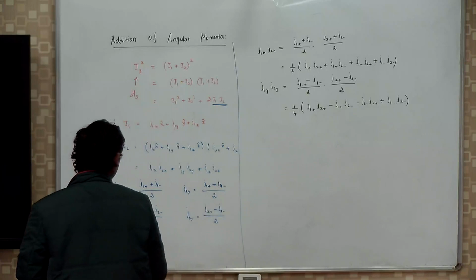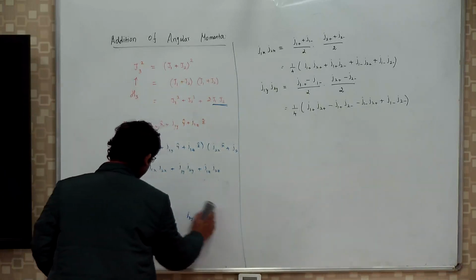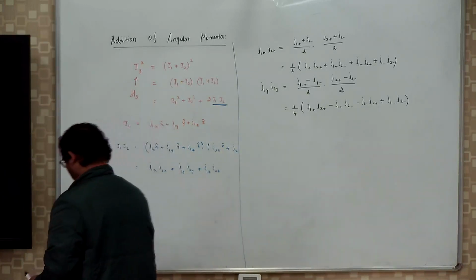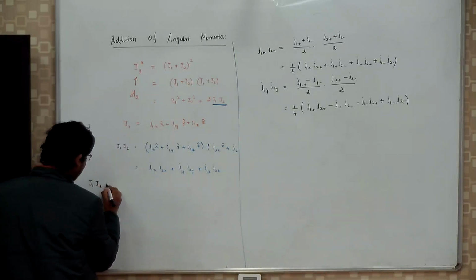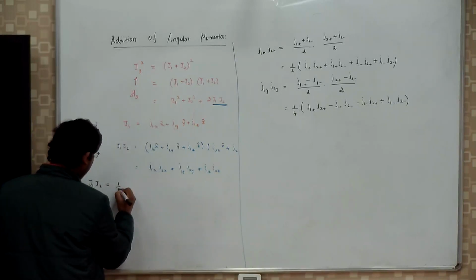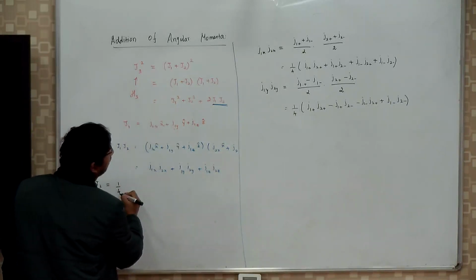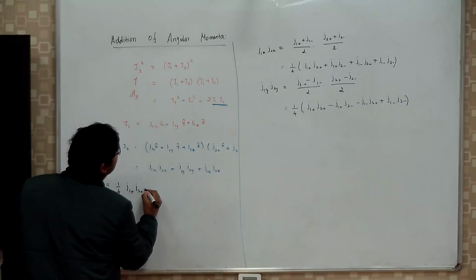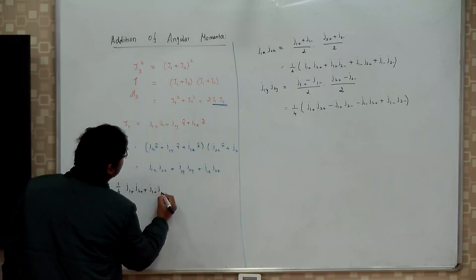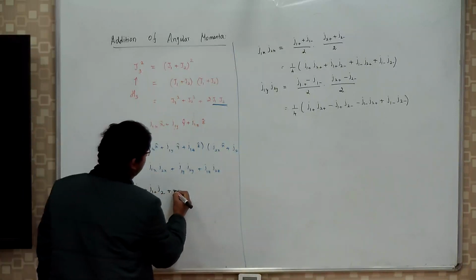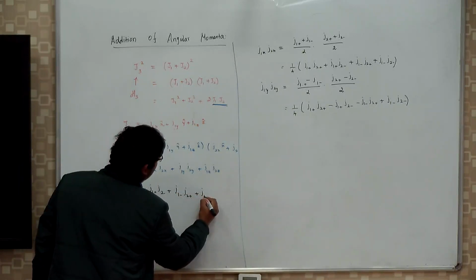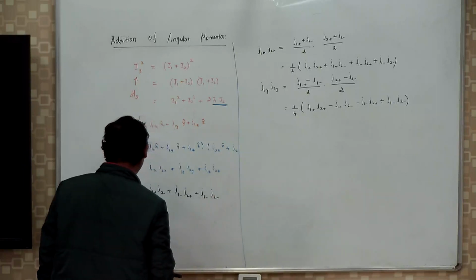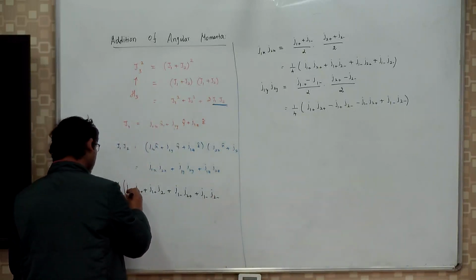If we feed this value in this expression, we will get Z1 Z2 is nothing but 1 by 4 of Z1 plus Z2 plus, Z1 plus Z2 minus, Z1 minus Z2 plus, Z1 minus Z2 minus, keeping 1 by 4 outside.